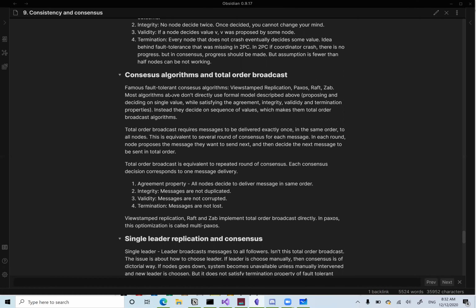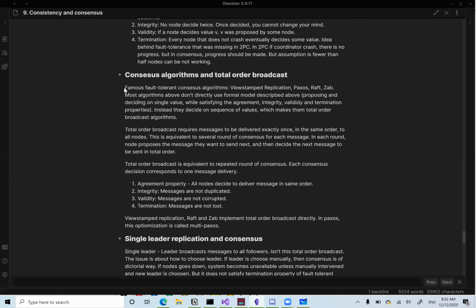And in Raft also we saw that Raft is trying to replicate those logs in the same order, right? Which was what total order broadcast was: all the messages have a strict order, and they are atomically replicated among all the nodes.